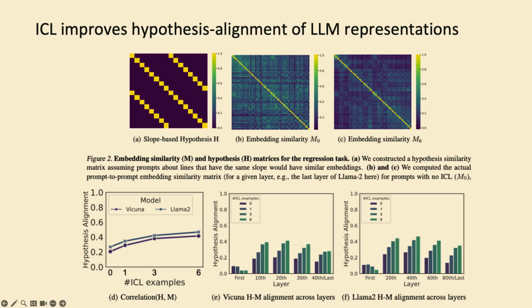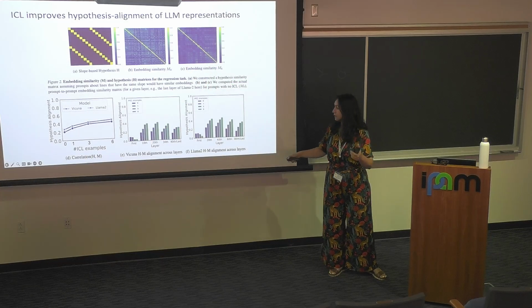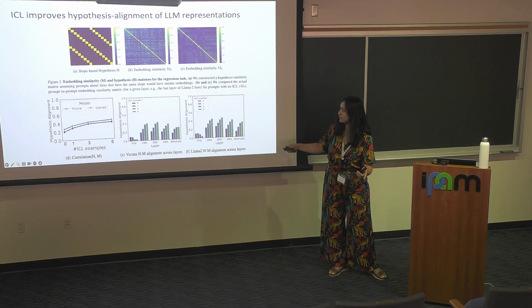And then if you look at hypothesis alignment in different layers, in the first layer, 10th, 20th, 30th, 40th layer for Vicuña, and first, 20th, 40th, 60th, 80th layer for Llama, you can see that as early as the 10th layer the alignment is increasing. I was surprised that it happened so early. I thought it would happen later, for instance. And interestingly, the middle layers seem to have a bigger increase than the last layer.